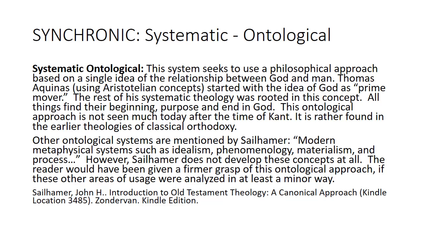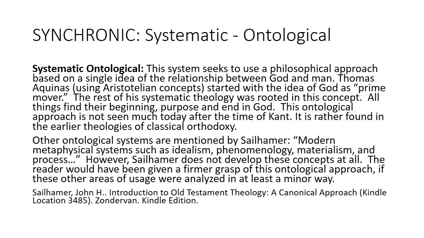This ontological approach is not used much today after the time of Kant. It's rather found in the earlier theologies of classical orthodoxy. Now, there are some other ontological systems mentioned by Selhammer. He writes of modern metaphysical systems such as idealism, phenomenology, materialism, and process.